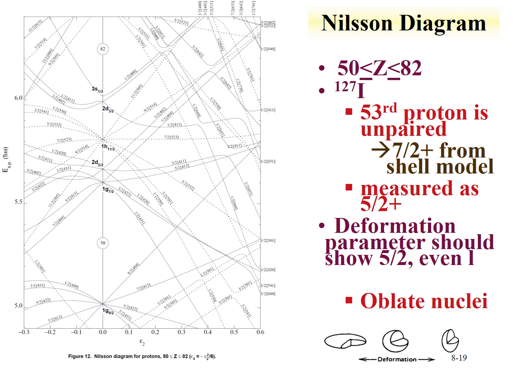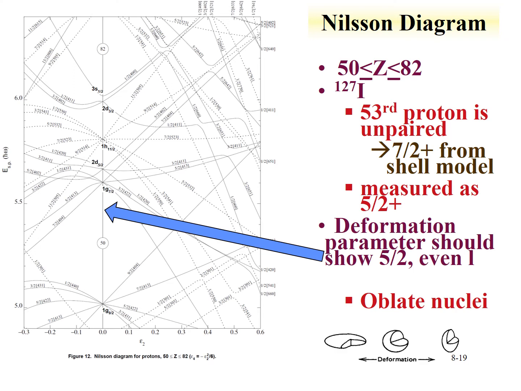So let's consider iodine-127. It's a stable nucleus. Here's the Nilsson diagram for the protons of Z between 50 and 82. Iodine-127 has 53 protons.